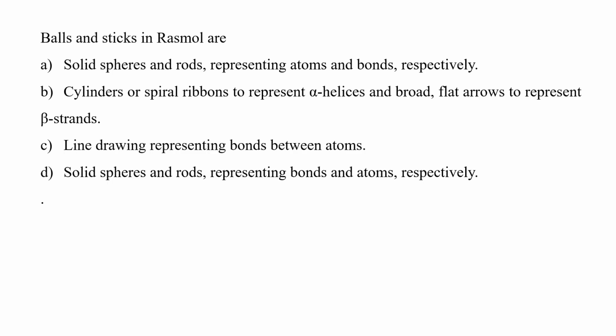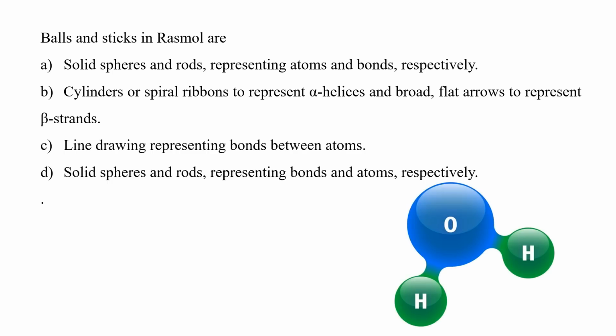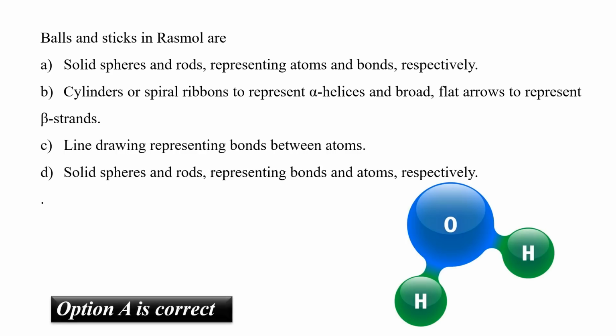RasMol ball and stick models are the 3D models used to represent biomolecular structures, where each atom is represented with a solid ball and sticks represent bonds connecting two atoms. So here the ball and stick in RasMol are the solid spheres and rods representing atoms and the connecting bonds respectively.